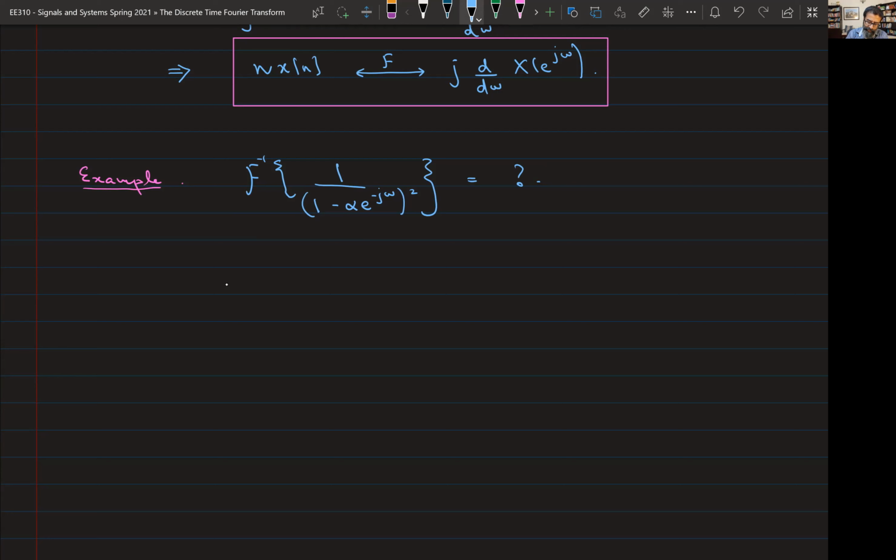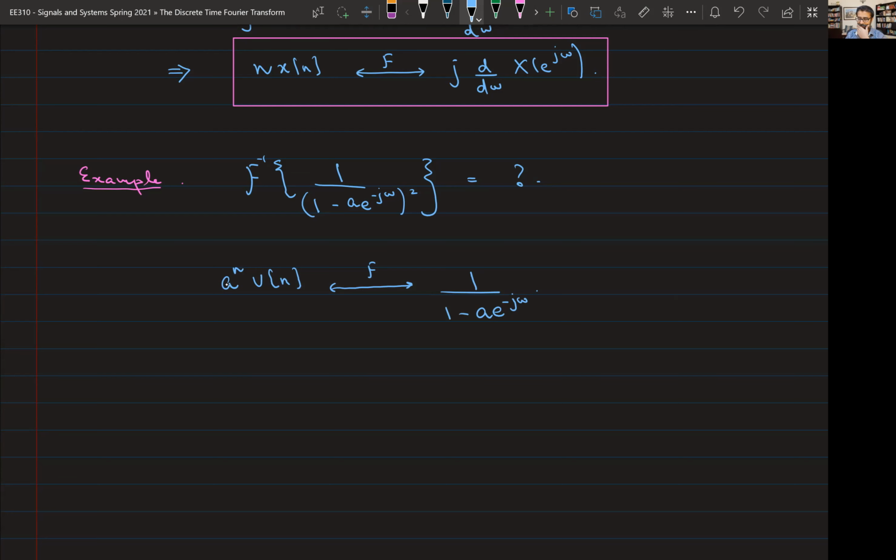I can determine this by the fact that, let me call this a, this is the very first example we did: a raised to power n times u of n has a Fourier transform given as 1 upon 1 minus a e raised to power minus j omega. On the right-hand side, what I want is a squared in the denominator, and the squared in the denominator I can get by what?